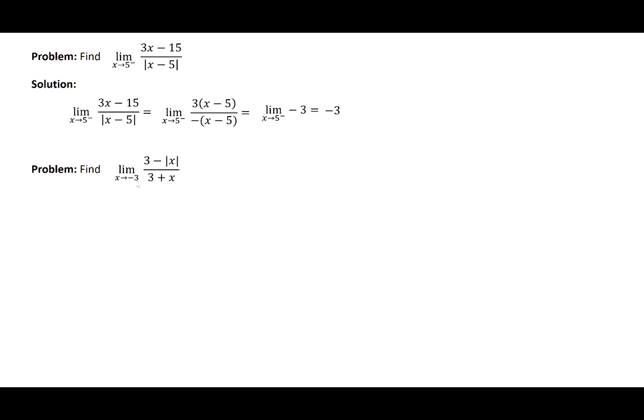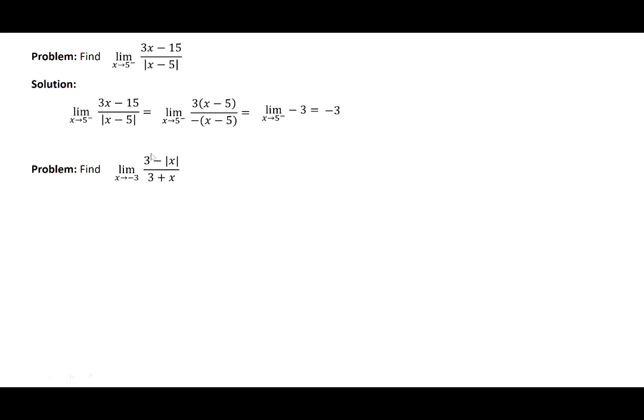For example, if you are approaching from the right, then negative 2.8, negative 2.9, negative 2.99, negative 2.999, like that. Whereas if x is approaching from the left of negative 3, it's taking on values of negative 3.5, negative 3.1, negative 3.01, and so on. Regardless, x is taking on negative values.